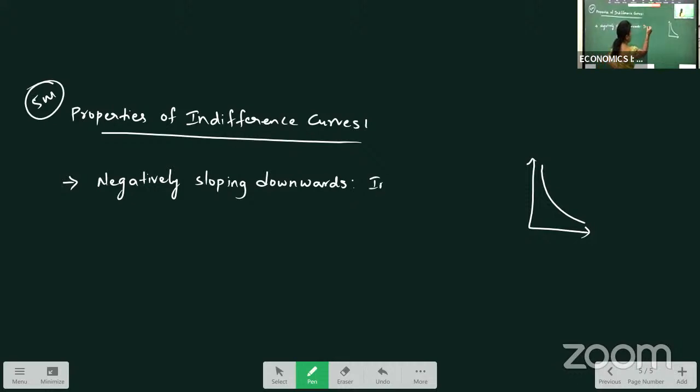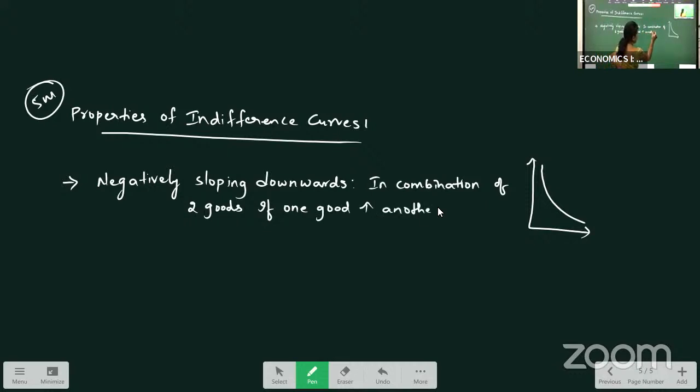Why are they negatively sloping downwards here? Because in the combination of two goods, if one good increases, another good decreases. Same thing you see here.